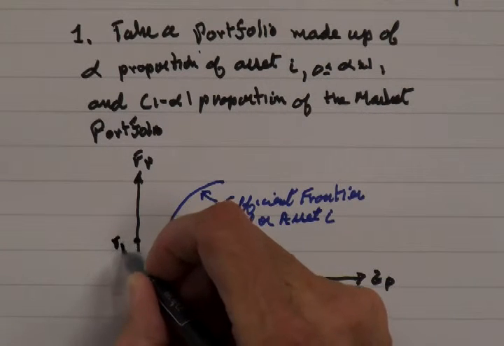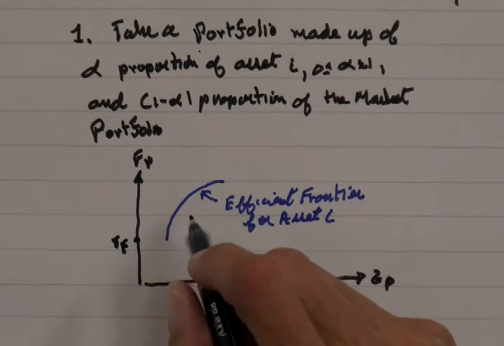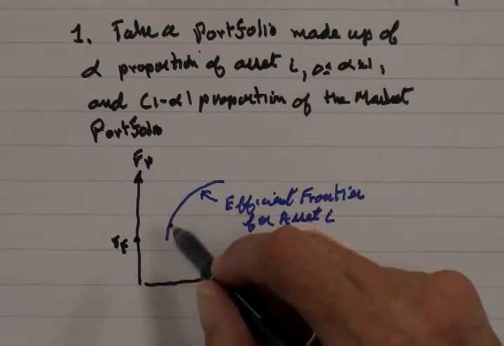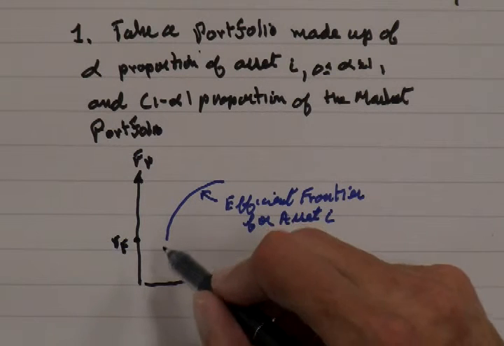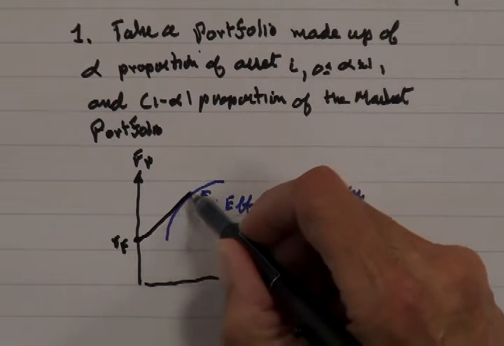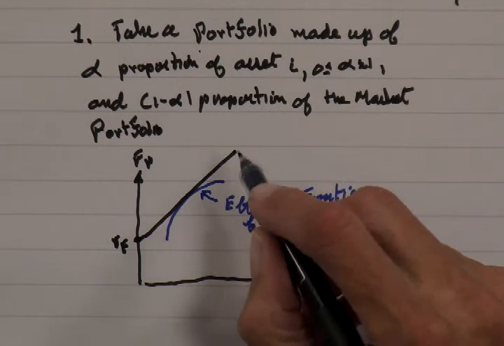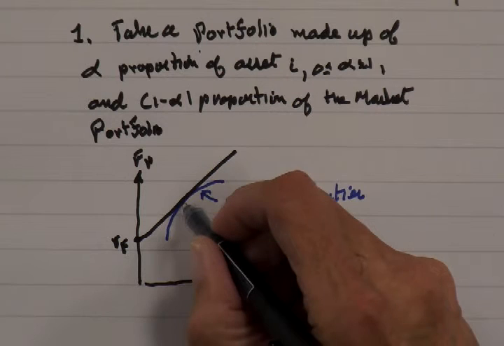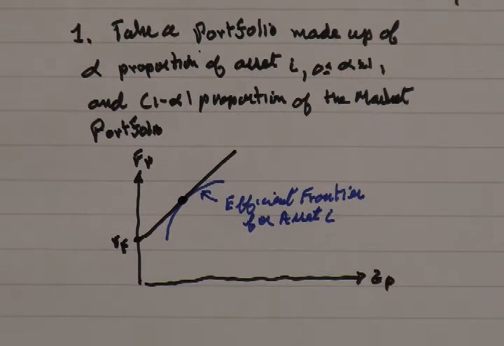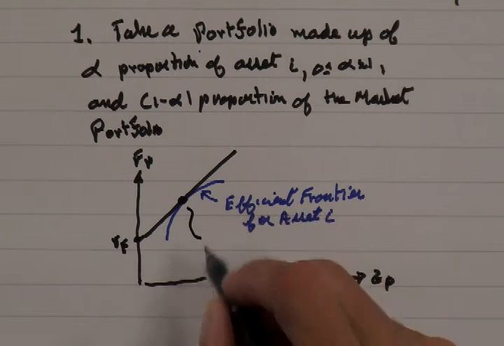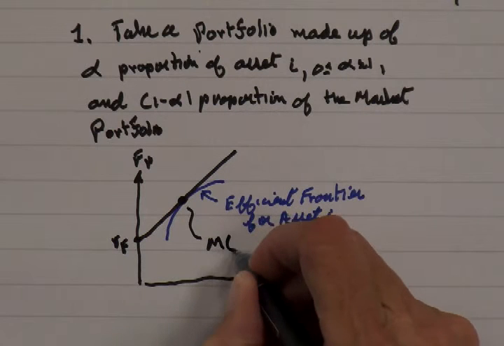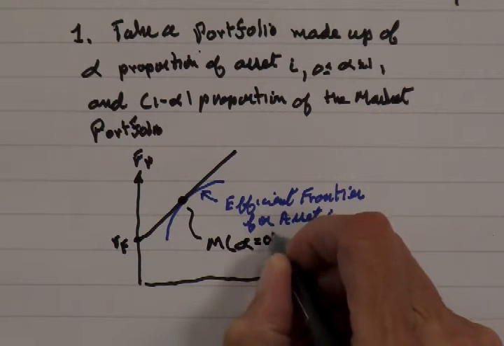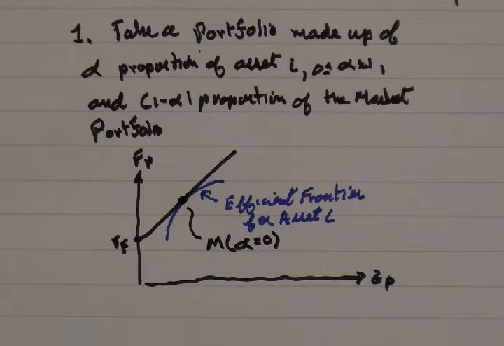Let this be the risk-free rate, I'll put that with a capital F there. And then we'll draw this line here. Right here is the market portfolio. Where alpha equals 0, we have no proportion of asset I in it. And this other thing here, the straight line, is called a capital market line.